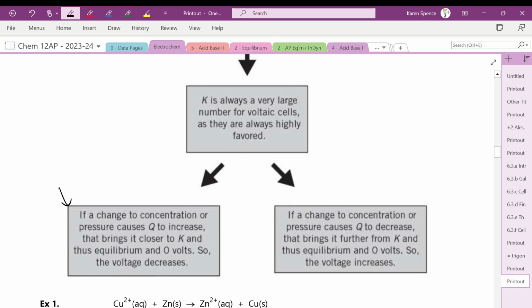If a change in concentration causes Q to increase, that brings it closer to K and to equilibrium and 0 volts. So the voltage decreases. Is that a nice summary? If a concentration or pressure causes Q to decrease, that brings it further from K and thus further from equilibrium and further from 0 volts, so the voltage will increase.